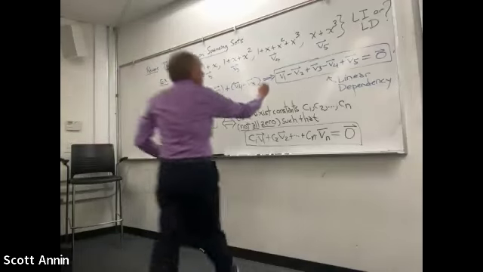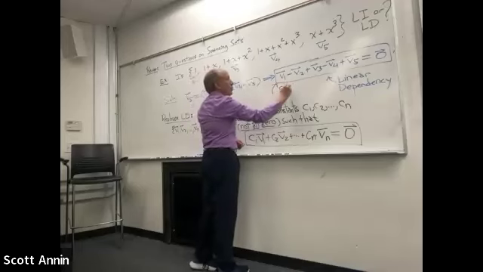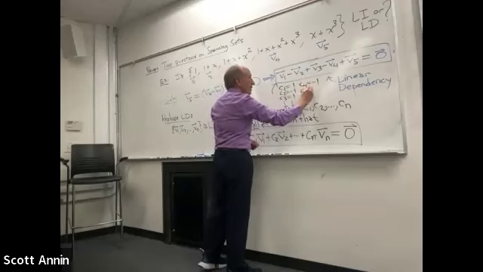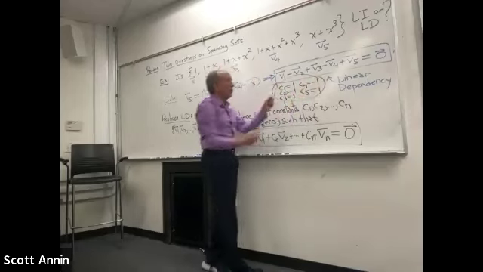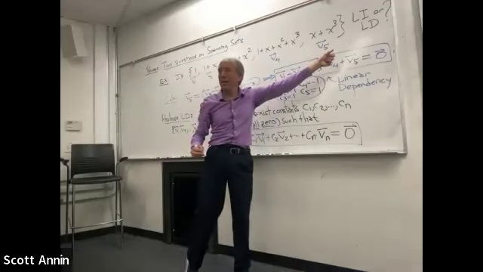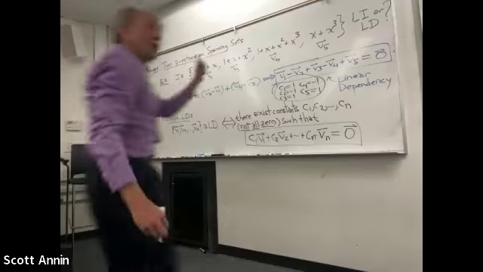On the example we just did a moment ago, C1 is 1, C2 is -1, C3 is 1, C4 is -1, and C5 is 1. Those are the constants in front of the vectors in this linear combination. And they're not all 0.